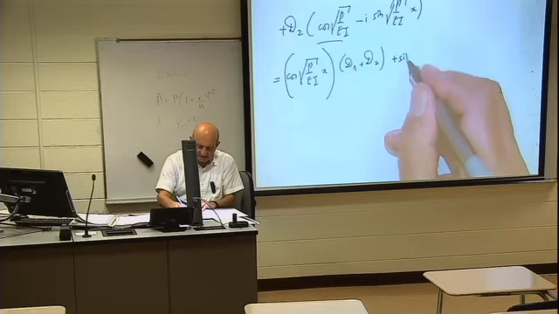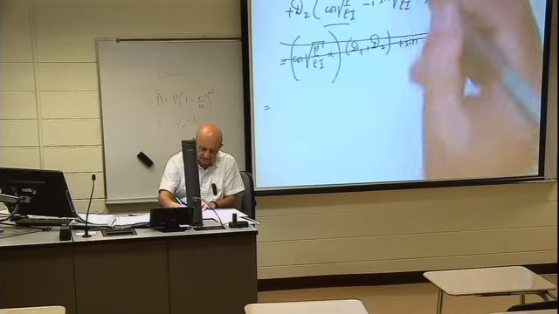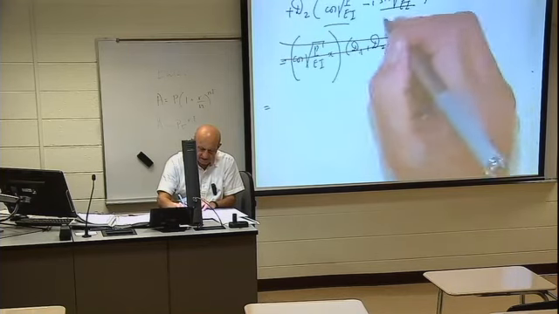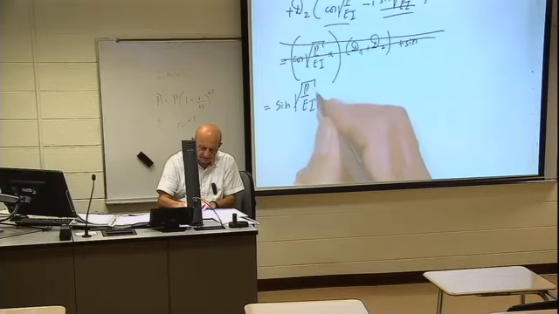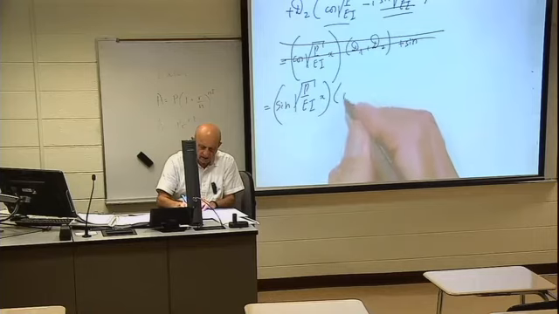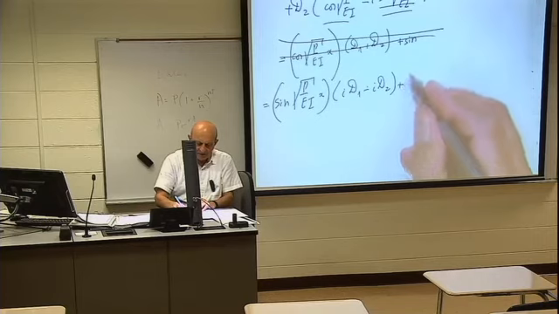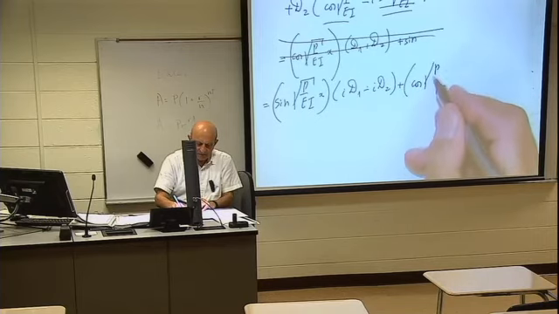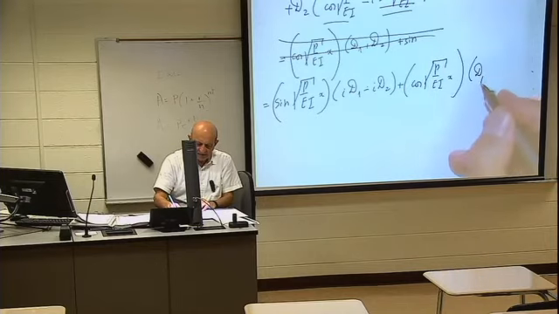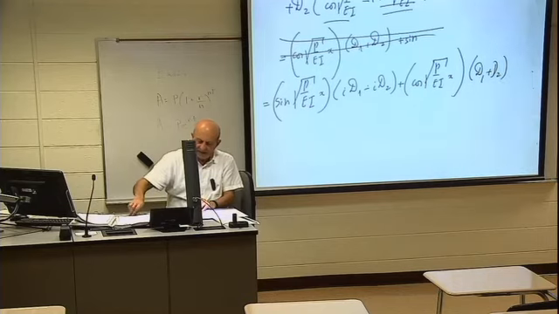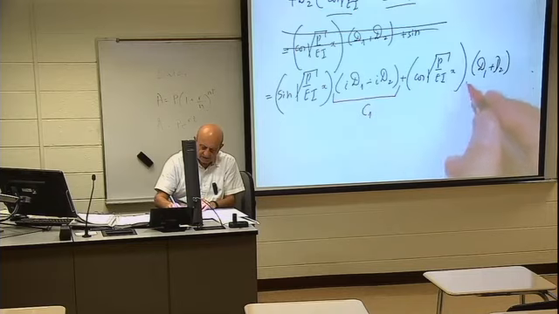Actually, we do differently. We take first the sine and sine here. Sine p over EI x times i d1 minus i d2, plus cosine p over EI x times d1 plus d2. This I'm calling c1, and this I'm calling c2.